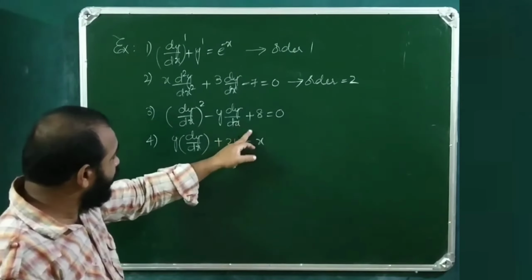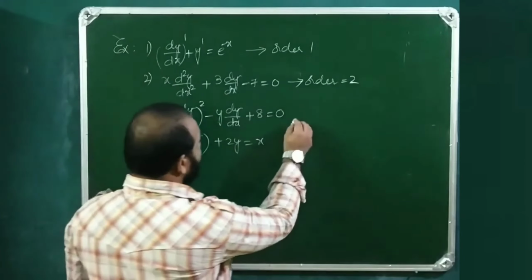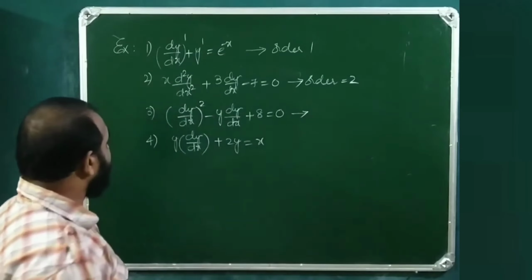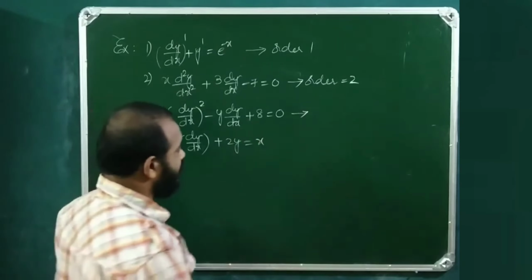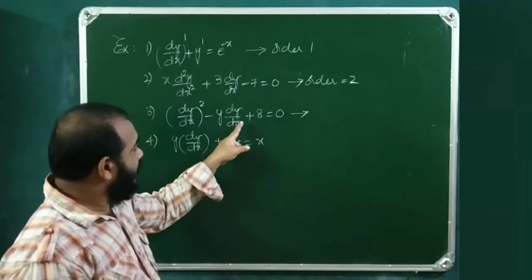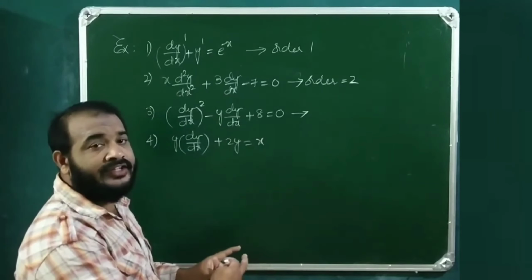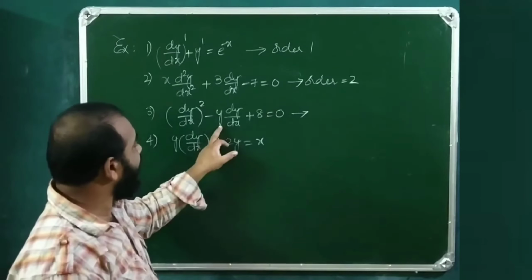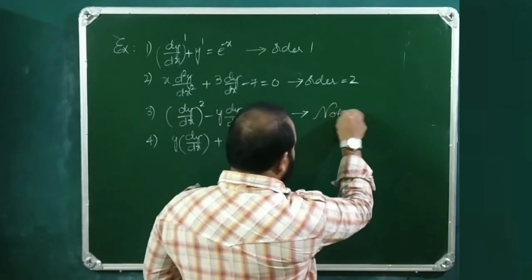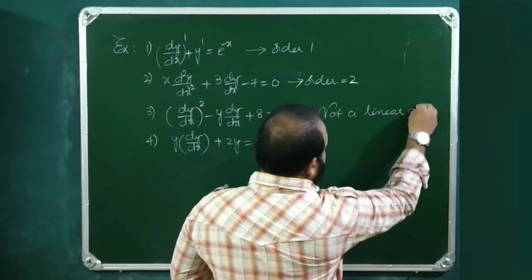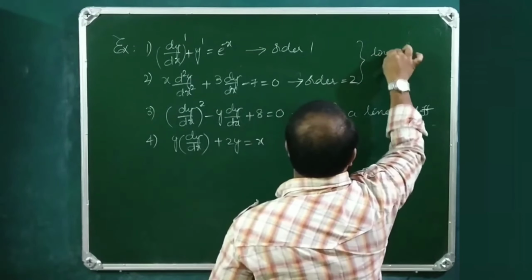So here the degree is 2, but the degree should be 1, because the dependent variable y and its derivative both should be in the first degree and they should not multiply with each other. But here y and dy/dx are multiplied with each other. Therefore, this is not a linear differential equation. Earlier, these two are linear differential equations only.